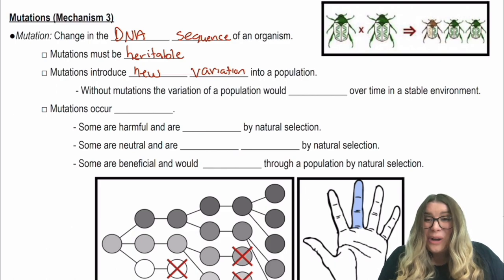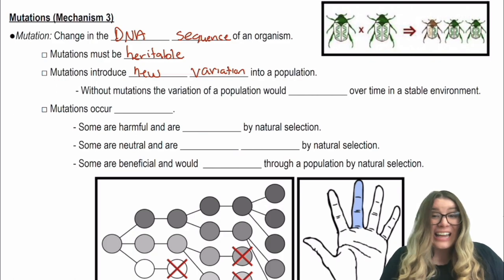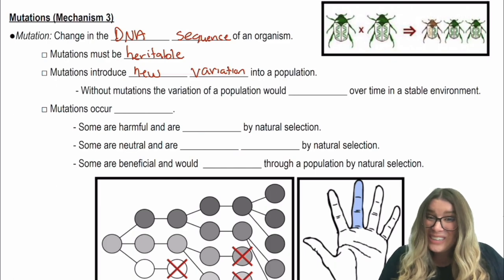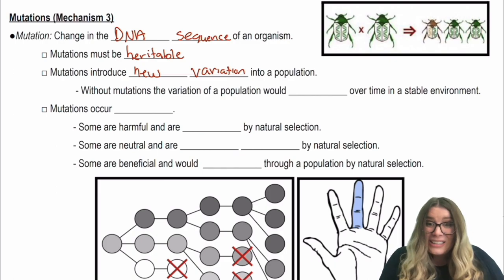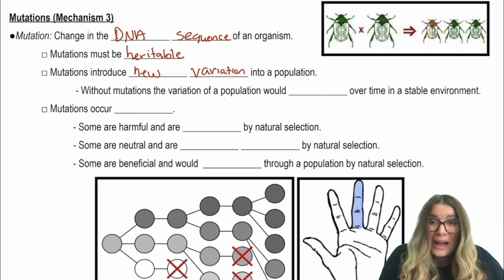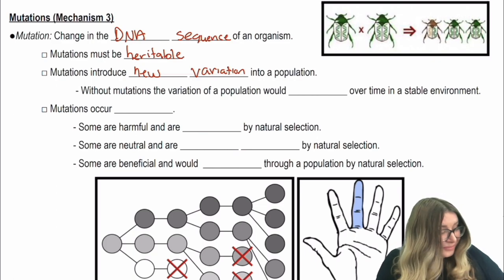And additionally, without mutations, if we had natural selection that kept occurring, that natural selection would eliminate all the genetic variation in your population over time.